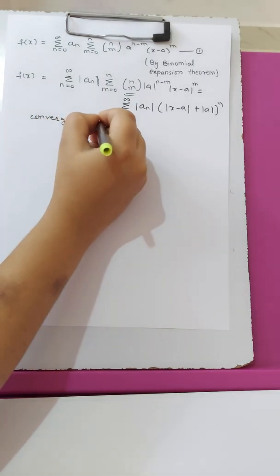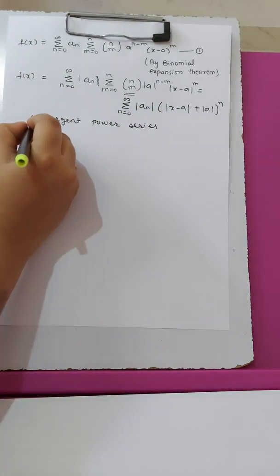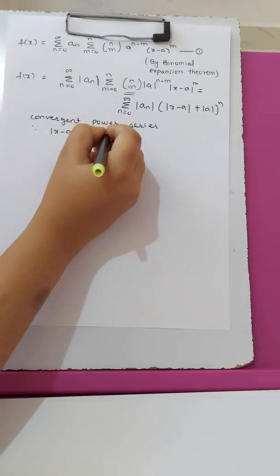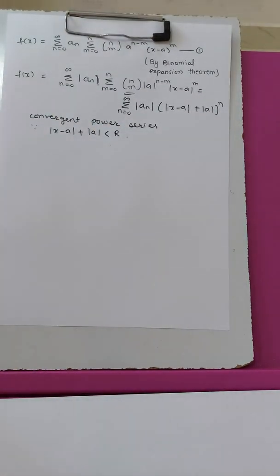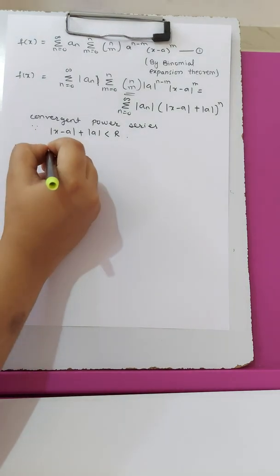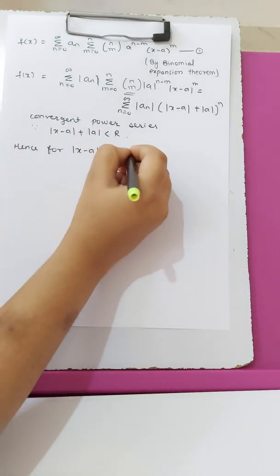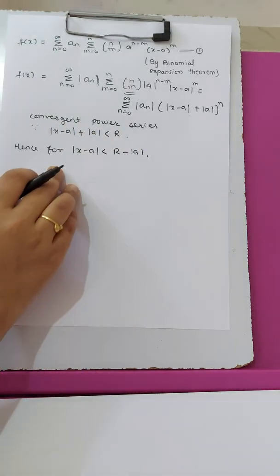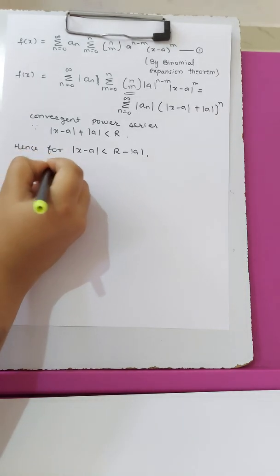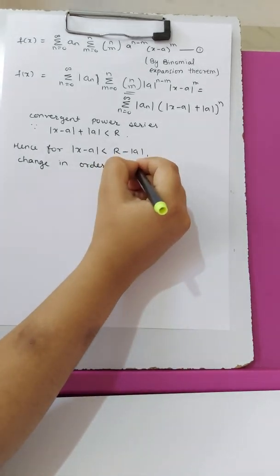This is a convergent power series, since mod of x minus a plus mod of a is less than r. So hence for mod of x minus a less than r minus mod a, the change in order of summation is justified.